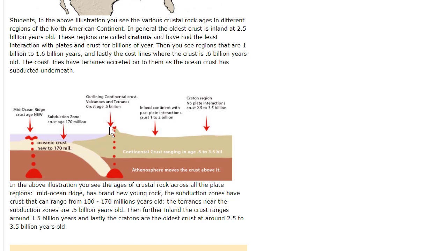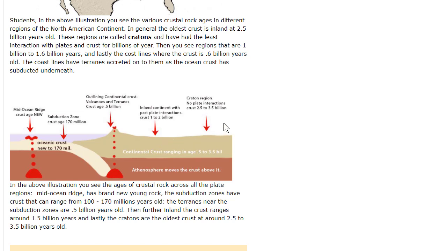And then over here you have the terrains, and the terrains are about 500 million years old. And then you have this inland crust, continental crust, that had interaction with prior continents a long time ago, and they're anywhere from 1 to 2 to 2.5 billion years old.